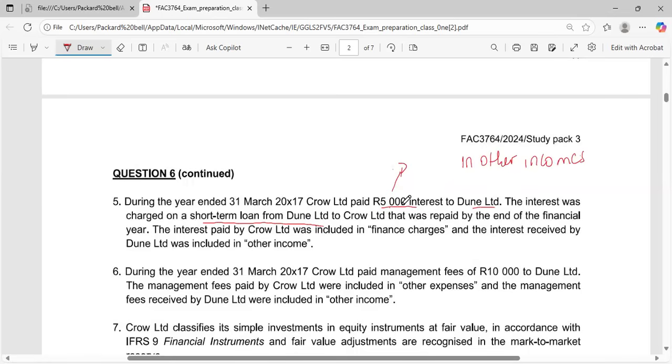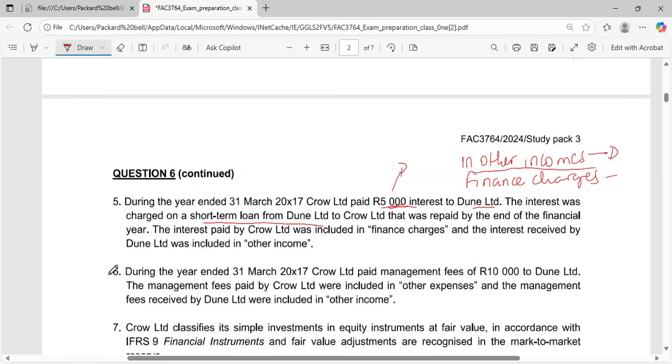Then in Crown, it's going to be in finance charges. So when you do your consolidated statement of comprehensive income, you need to adjust here. In other incomes, you need to reduce by this intra-group transaction. And in finance charges, you also have to reduce by this intra-group transaction.